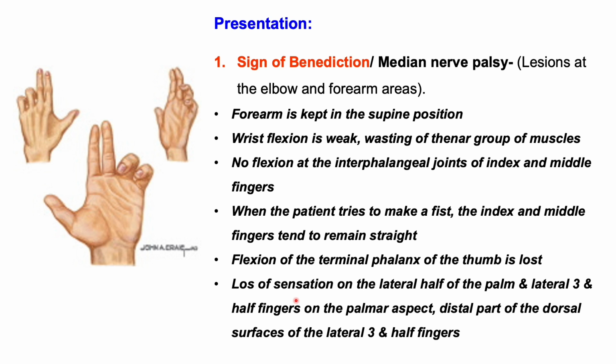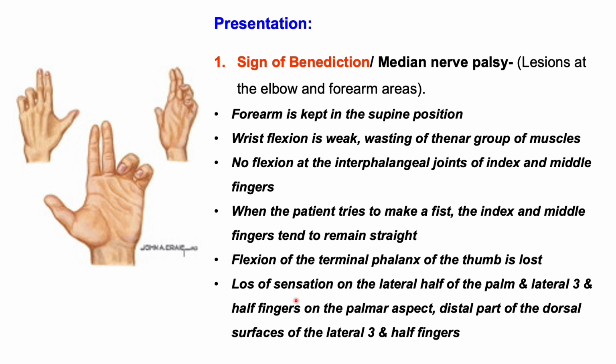So when the person attempts to make the OK sign, opposing the tip of the thumb and the index finger in a circle or a pinch posture of the hand, there will be absence of flexion in the interphalangeal joint of the thumb and the distal interphalangeal joint of the index finger. This syndrome is called anterior interosseous syndrome.